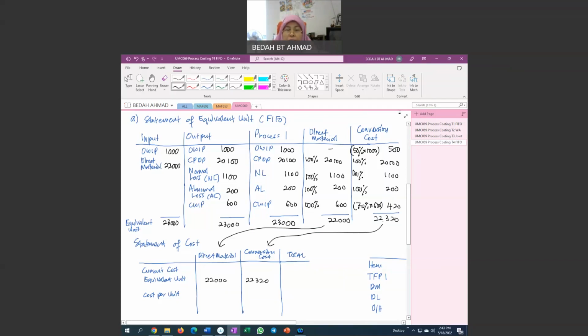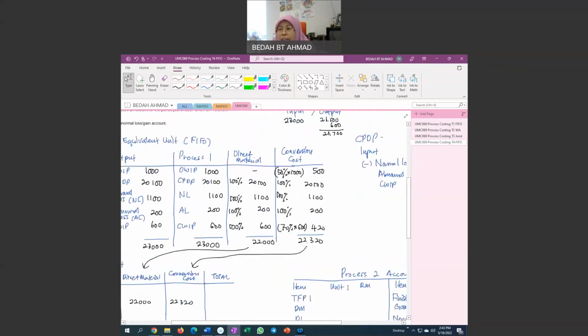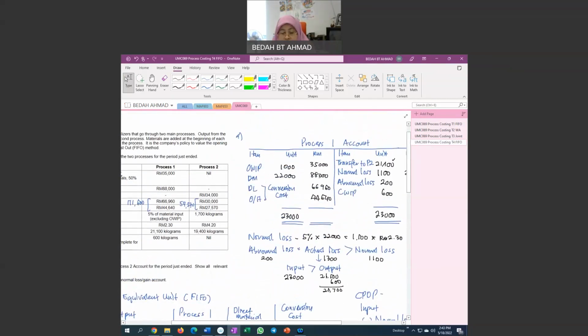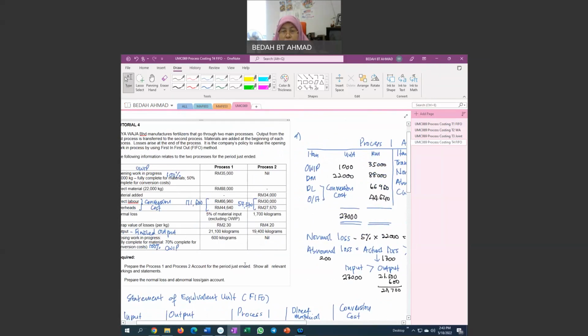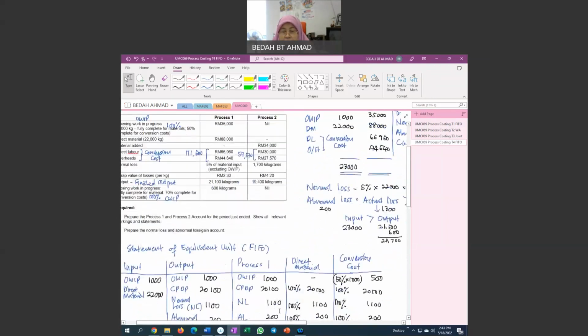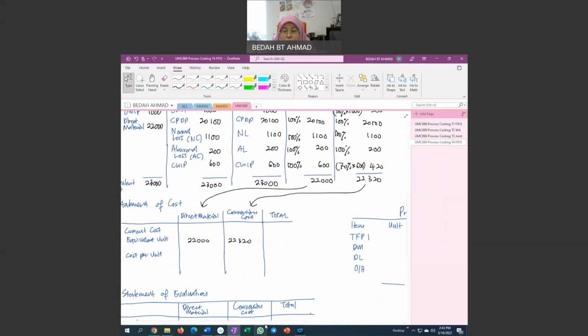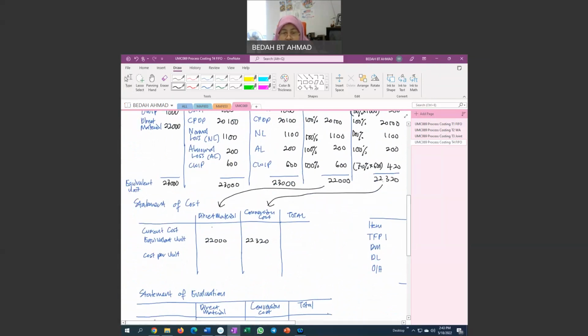The direct material we take from our process account, which is 88,000, and the conversion cost is 66,960 plus 44,640, which is 111,600. So we put that in our statement of cost. The direct material is 88,000 from our process 1 account, and for the conversion cost we combine the direct labor and the overhead, a total of 111,600.